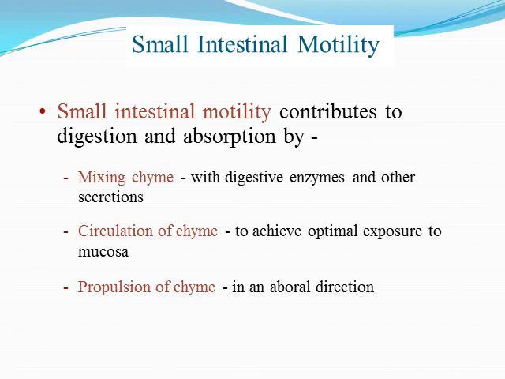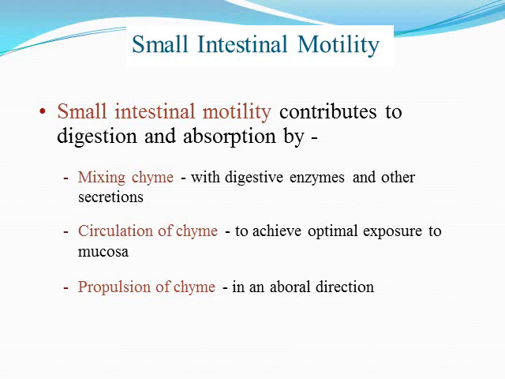And so we have had most of our mechanical breakdown occurring to this point, and now we're going to have chemical breakdown occurring. So that's the primary purpose of this motility, is to mix. We also need to neutralize the pH, and so the mixing of the chyme allows for that. So we have an input of bicarbonate, which is going to help neutralize.